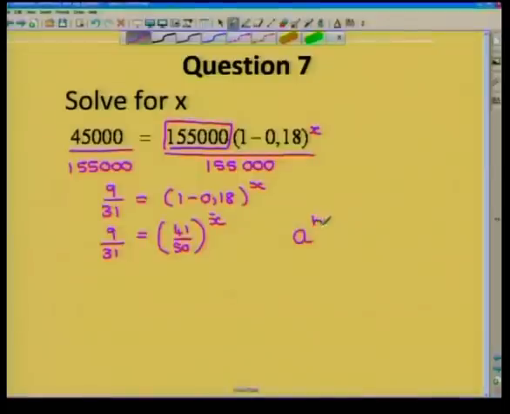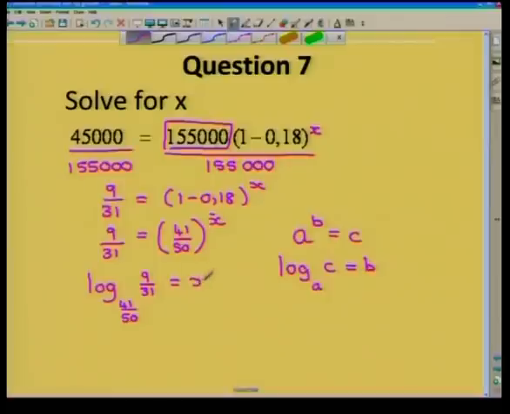I'm going to do both of them, and you can decide for yourself what you feel most comfortable with. So if I've got a^b = c, then I know it's log to the base a of c equals b. So this would become log, the base is 41/50, the number is 9/31, and the answer I'm going to get is x. Right, let's pull up the calculator.